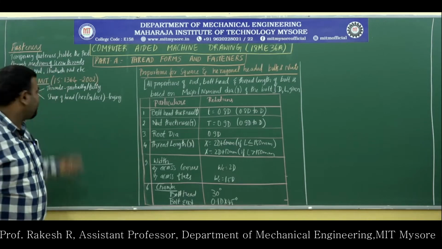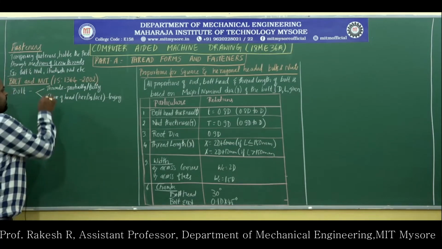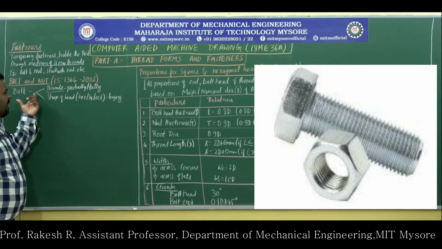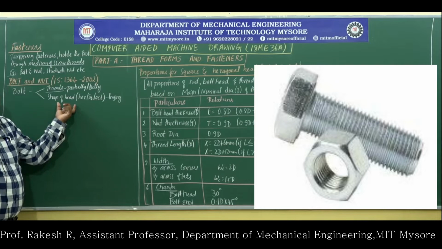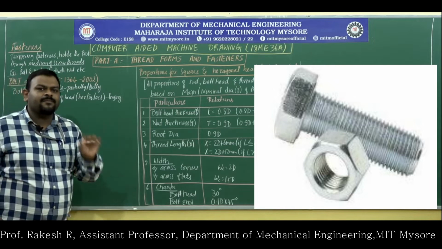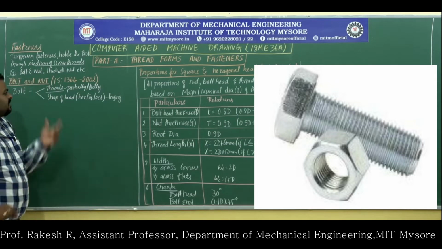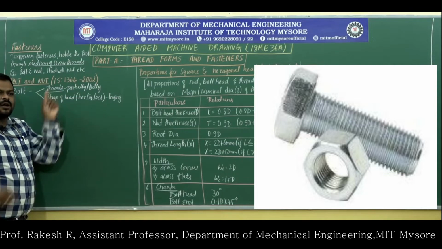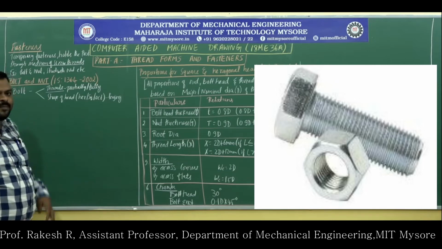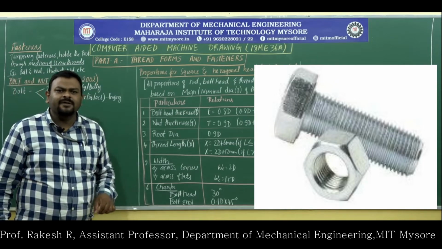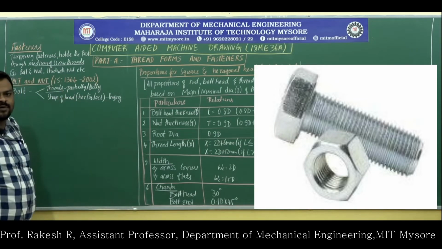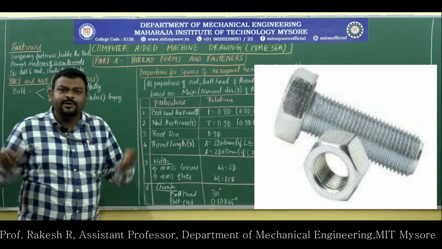So basically a bolt will have an external thread, very important, and also a head shape. The convention for a bolt defines the thread along with the length of the bolt. For example, if you take a standard bolt, how do you specify it? A bolt is specified as per the external thread convention and length of the bolt, say for example M12 into 80.